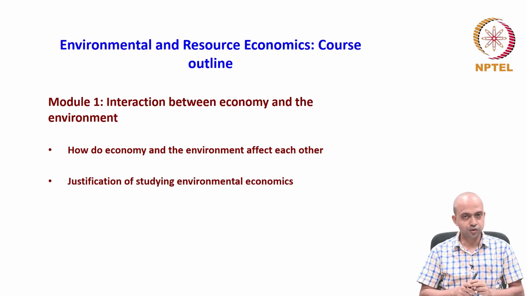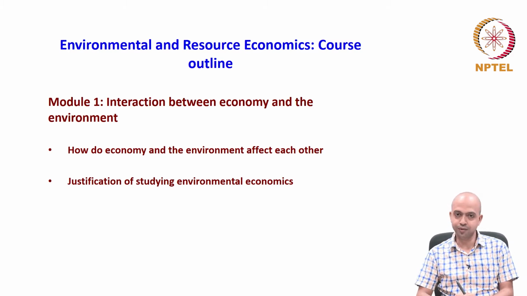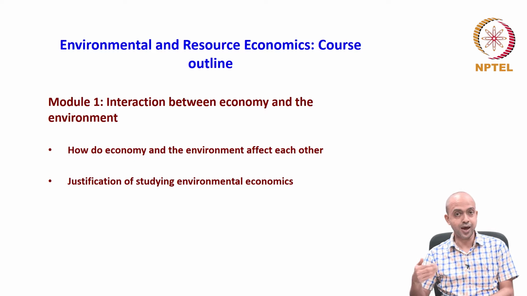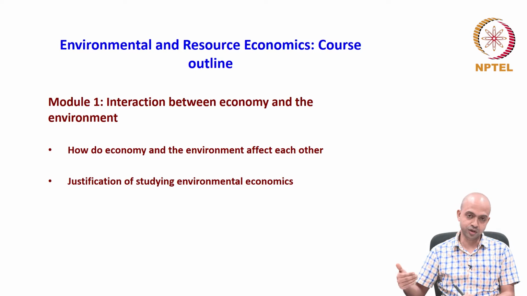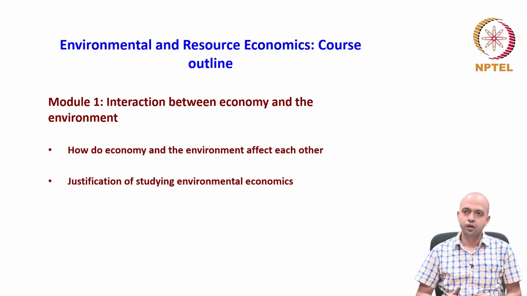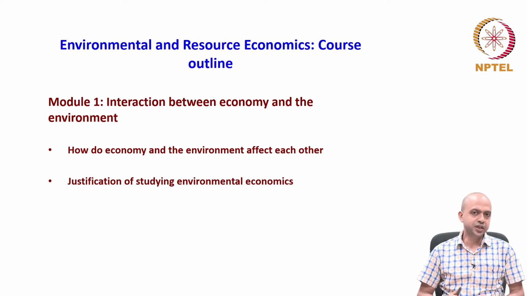If you recall, with the flow chart we discussed how the decision making of economic agents affects the environmental quality, and in turn how the environment gives feedback to the decision makings of the economic agents. And then we said that there are basically two justifications we have provided for studying this course.